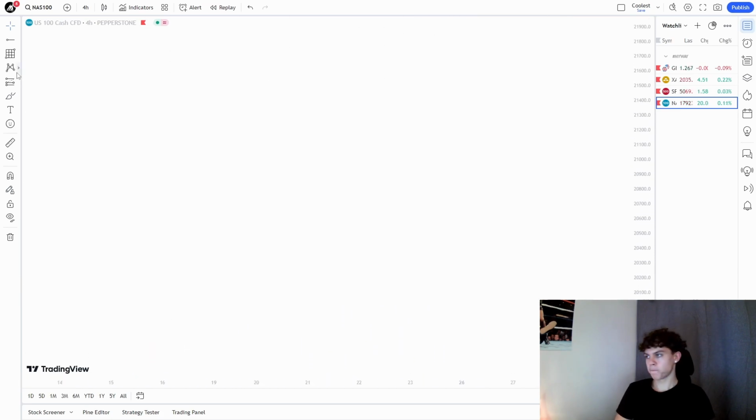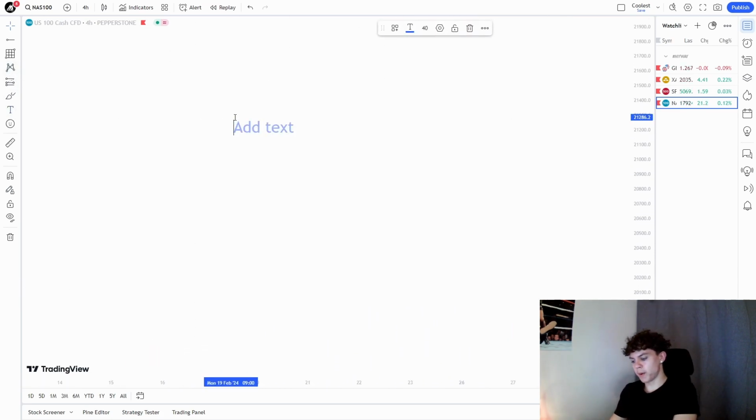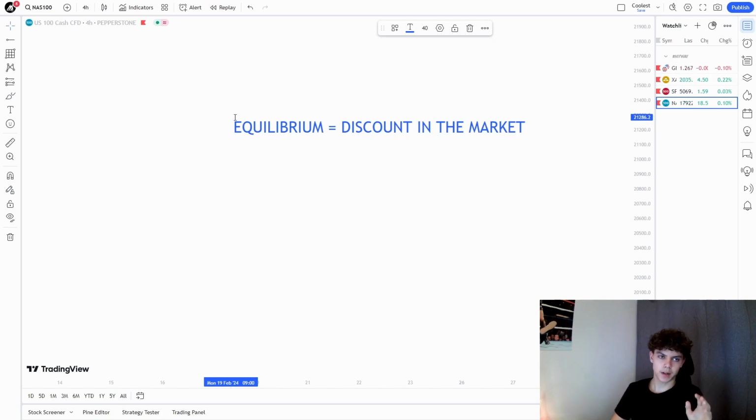Okay? So what do we need to remember? Equilibrium. It's a discount in the market because banks and institutions want to get the best price because they are greedy. Okay?